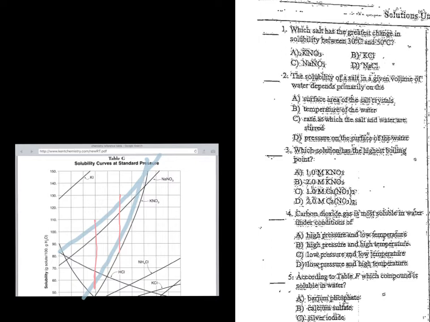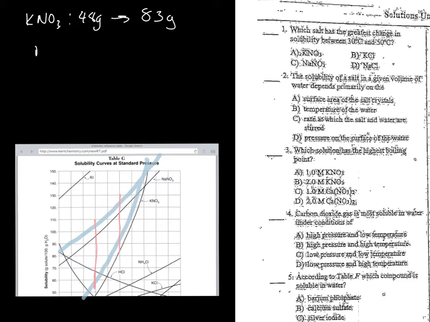Okay. So looking where KNO3 is, let's start with that one. It goes from about 48 grams all the way up to right here where it touches this other line. That's about 83 grams.